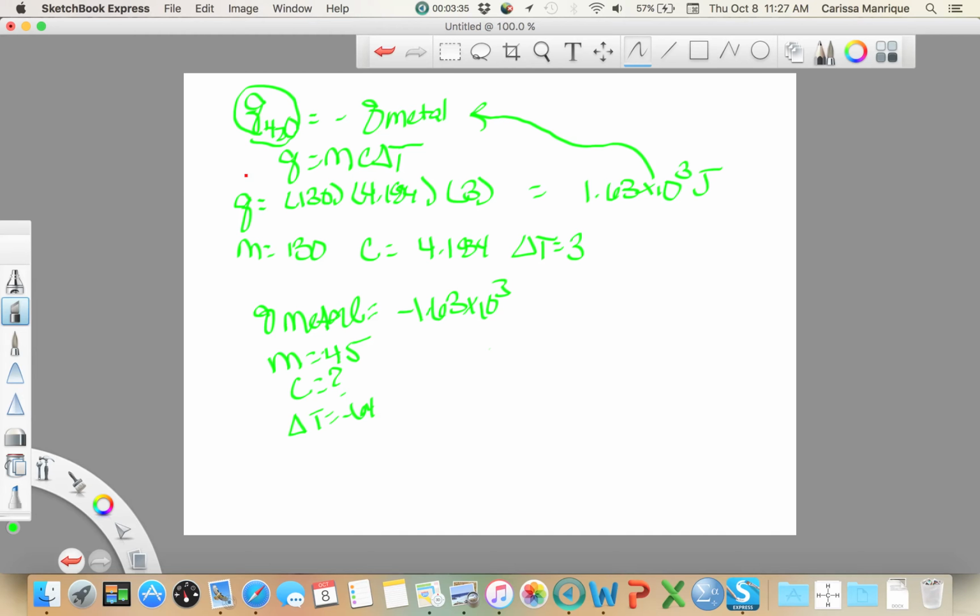Okay, so if we plug that in, Q of the metal equals negative 1.63 times 10 to the 3rd. M is 45. C, we don't know, so just put C. And then delta T is negative 64.